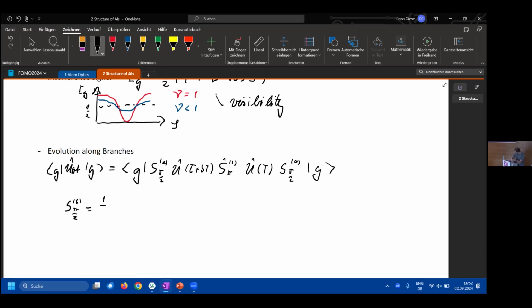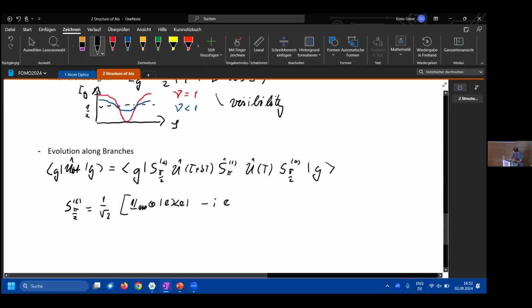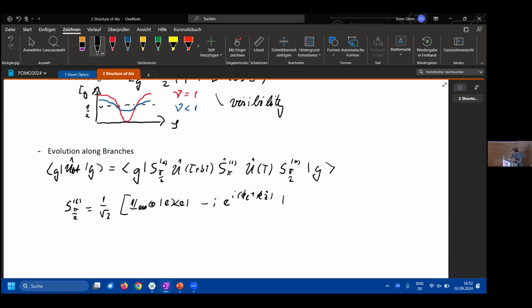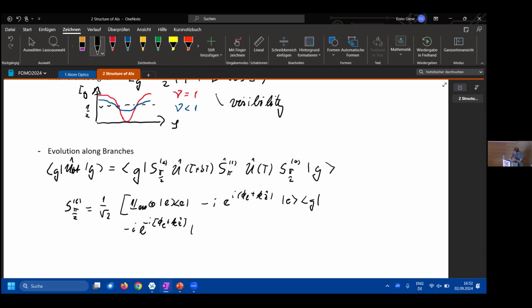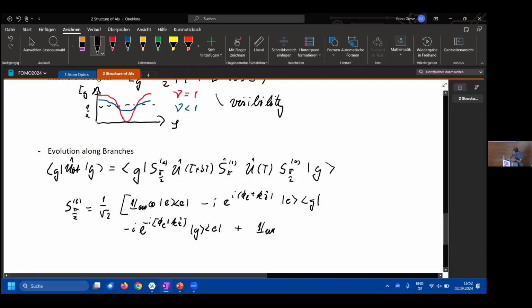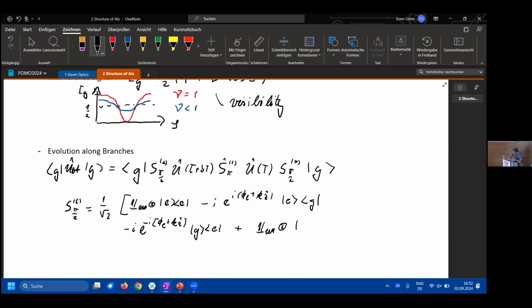So that is 1/√2 times the identity of the external state, minus i e to the i (phi_L plus kz) times the transition element going from ground to excited state, minus i times e to the minus i (phi_L plus kz) times going from the excited to the ground state, plus the identity times the projector on the ground state.